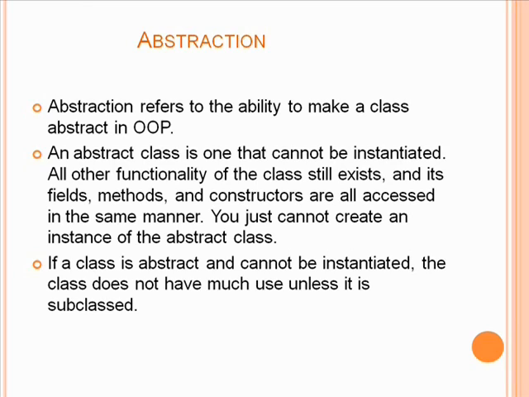All other functionality of the class still exists, and its fields, methods, and constructors are all accessed in the same manner. You just cannot create an instance of the abstract class. If a class is abstract and cannot be instantiated, the class does not have much use unless it is subclassed.